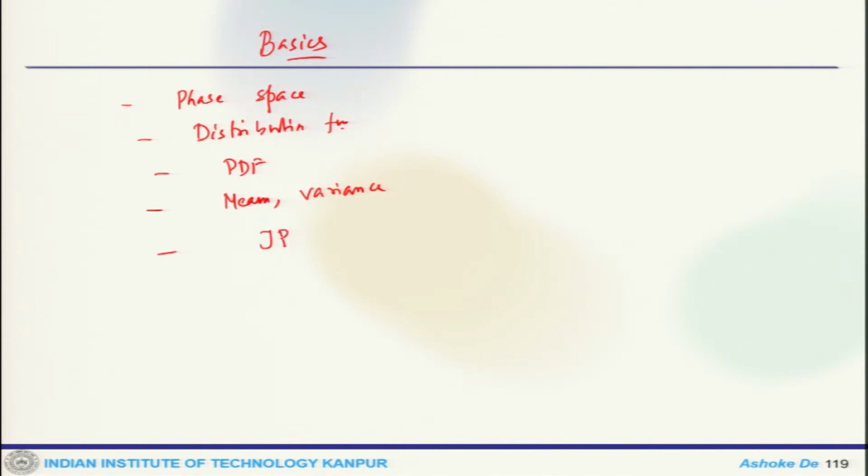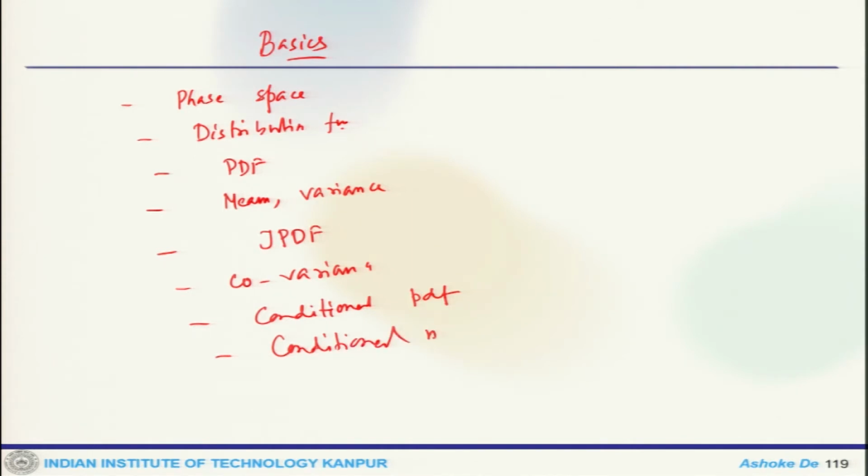Now, we can look at some of the basics from statistics. One is the phase space, which we have already looked at, then distribution function, probability density function, mean, variance, joint PDF, covariance, conditional PDF and conditional mean.